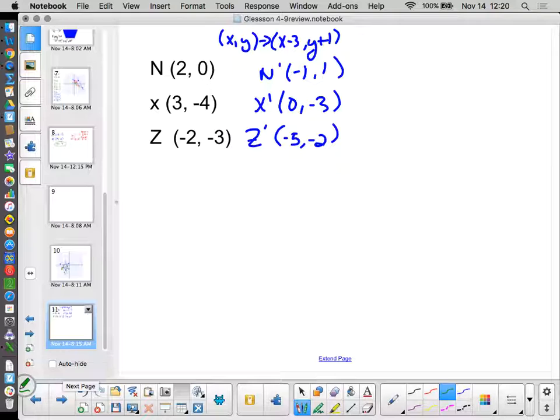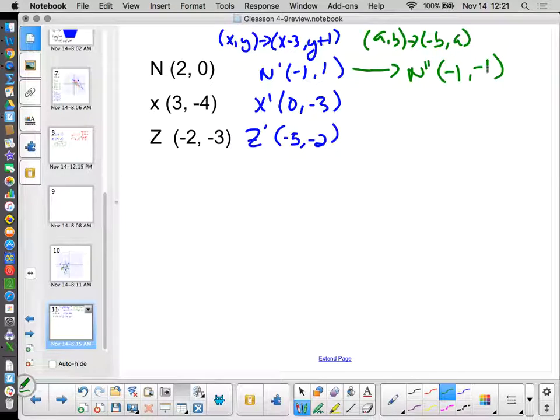So I look up, I say counterclockwise 90 degrees. That's A, B to -B, A. So if that's the case, then N double primed is from -1, 1, we take that B, bring it to the front, but change the sign. And A just flips over to the other side, so -1, -1.